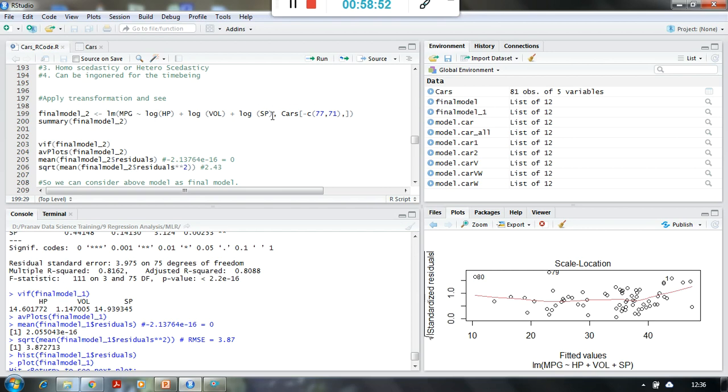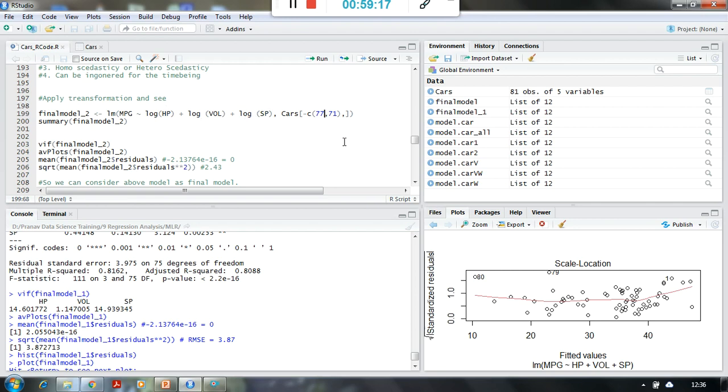Am I supposed to do only log transformation? No, I can do any mathematical calculation on the variable, and I can try any number of transformations, as long as I keep trying until I get better results. That is the part of research, right? So here I am taking the logs on all the 3 input variables.